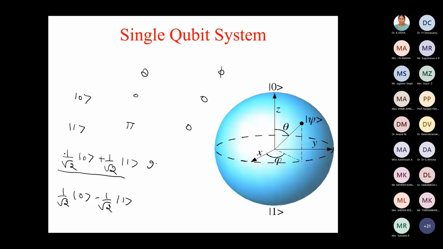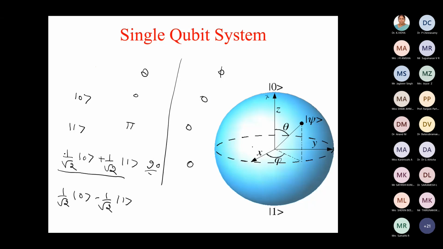Theta is 90 degrees. Suppose I help you in getting theta; for phi, I am saying it is 0 degrees. So theta is 90. Where will this point lie if theta is 90? It will be on the xy plane. In the xy plane, every vector has a 90 degree angle with the plus z axis.